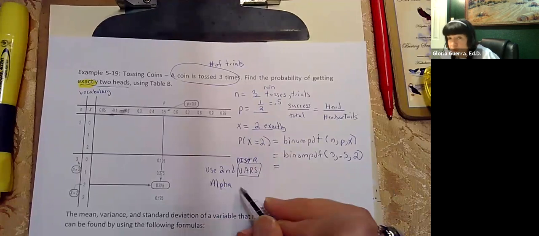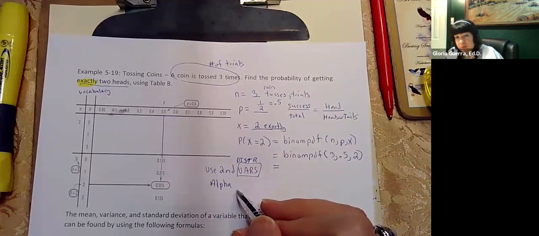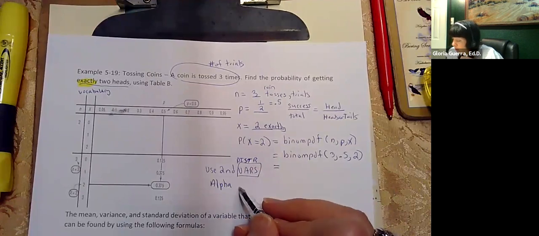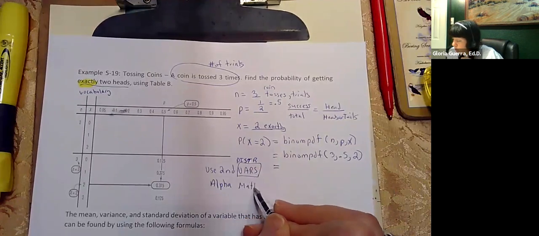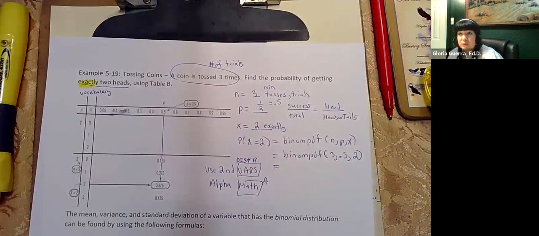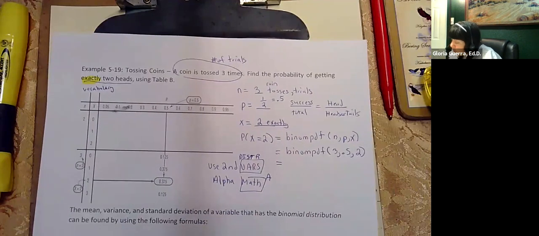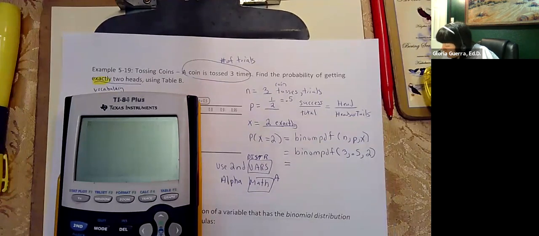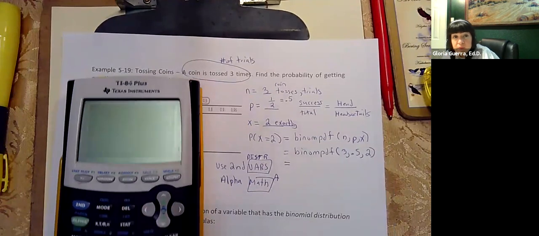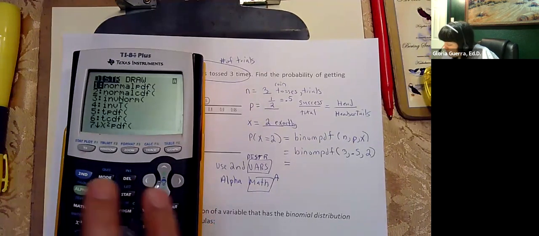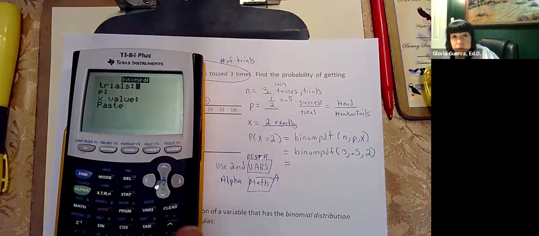But you have to be careful here because there's option A and option B. The first one, the PDF, is option A, and that would be the math option. The other one, for CDF, is option B, and that was the apps option. So when we do that on the calculator: second VARS, alpha, math.